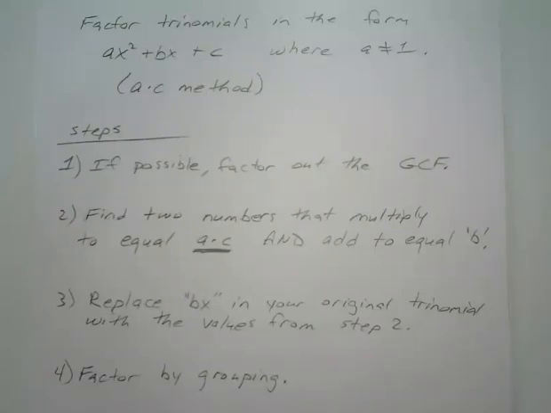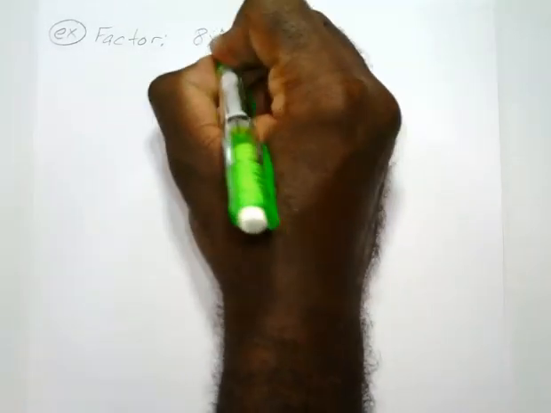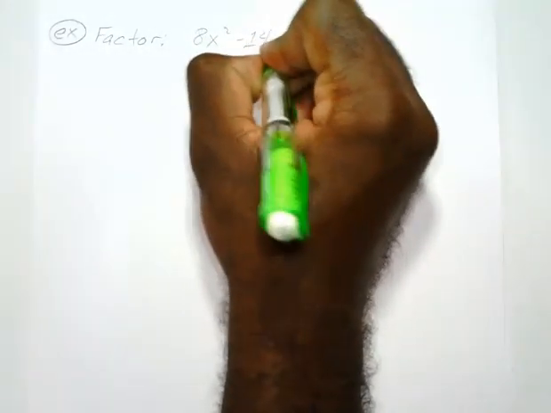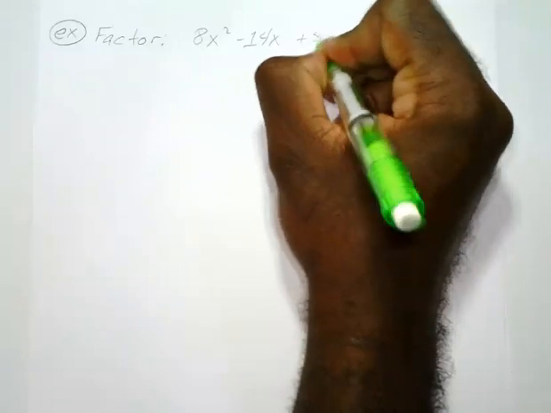If you are still writing, please feel free to press pause, but we're going to go into our first example. Let's say, for example, we wanted to factor 8x squared minus 14x plus 5.